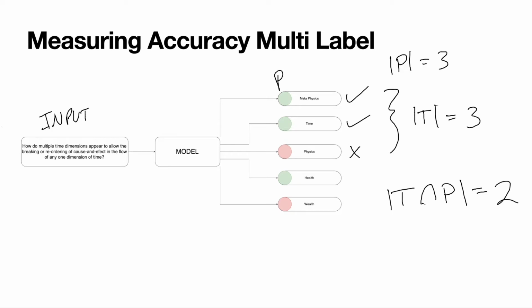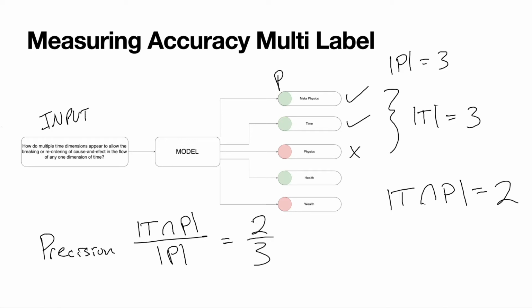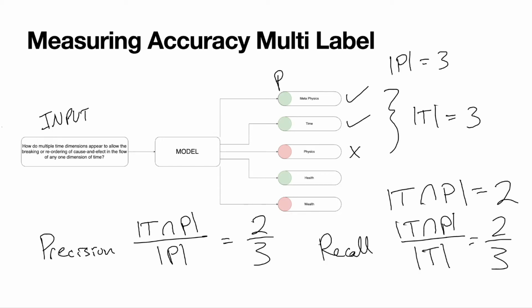So now to get the precision, we take the intersection between the true labels and the predicted labels, which gives us a value of 2/3. Similarly, to get the recall, we take the intersection between the true labels and predicted labels and divide that by the total number of true labels, which also gives us 2/3.